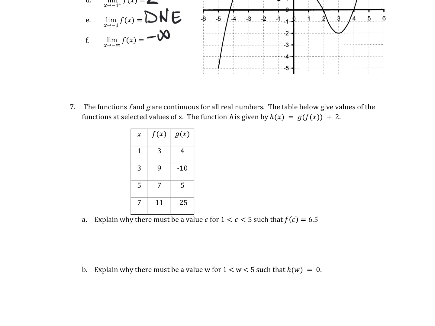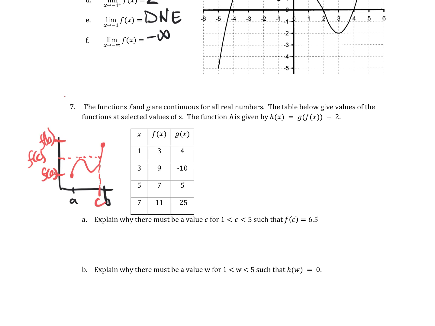On the intermediate value theorem, the key is that if we have 2 x values a and b, and they have a continuous function, it's got to be a continuous function, then for any number you pick between f of a and f of b, there has to be a number c between a and b so that f of c is between f of a and f of b. But the key is it has to be continuous.